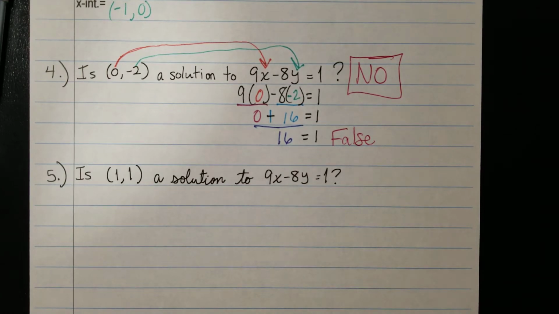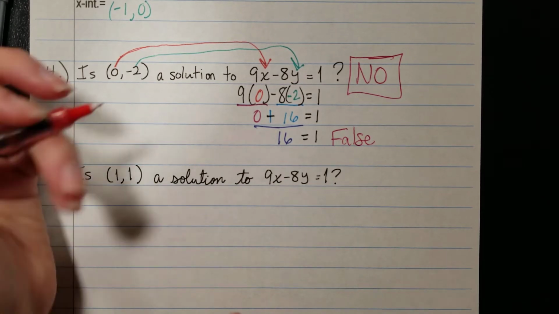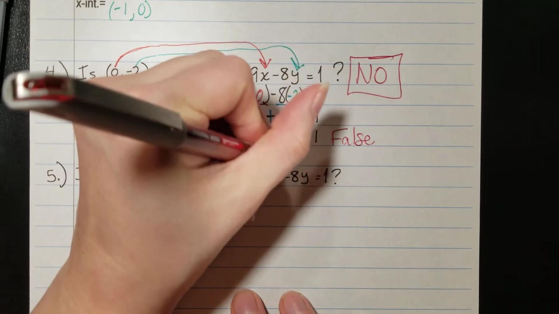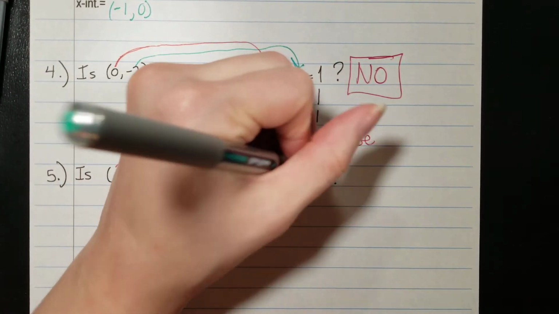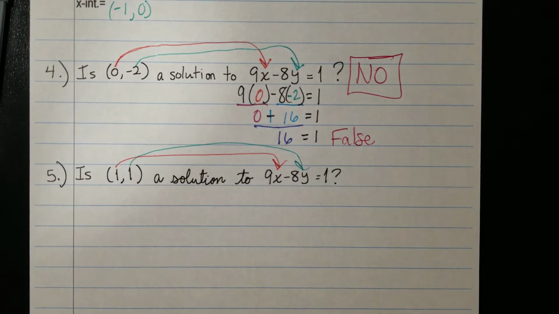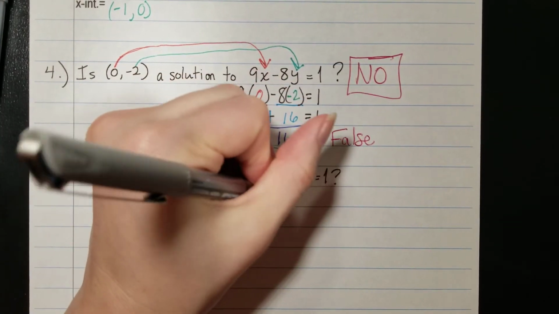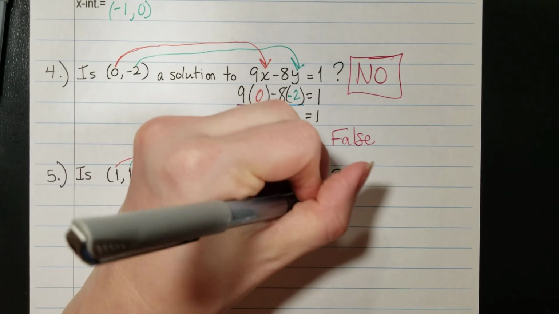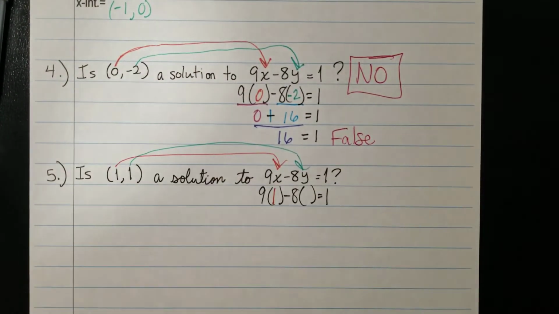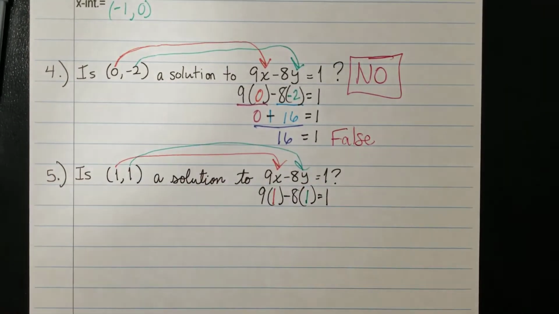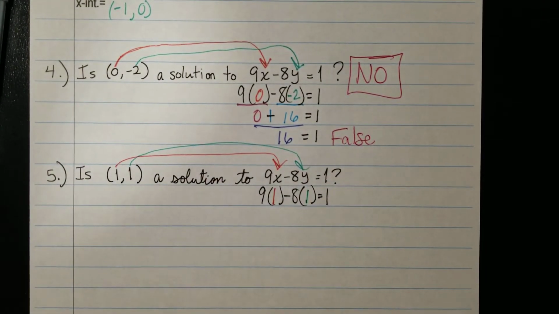Alrighty. And number 5, pretty much the same question, but they've given us a different number to plug in. So is 1, 1 a solution to that equation? So we'll plug in 1 for x, and we will plug in 1 for y. So 9 times 1 minus 8 times 1 equals 1.